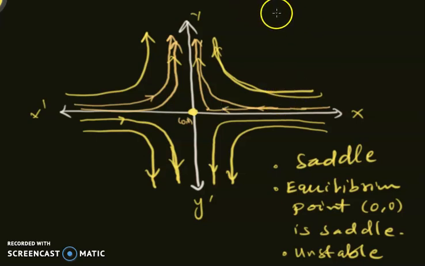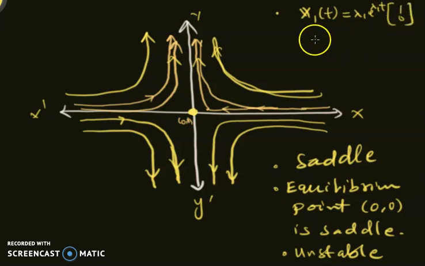For x1 of t, one more thing I want to mention: x1 of t was equal to e to the lambda 1 t times (1, 0), and x2 was e to the lambda 2 t times (0, 1). As t was going to infinity, we were moving towards 0, 0 along this stable line and away along this unstable line.